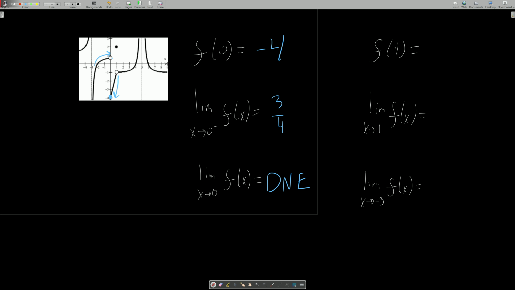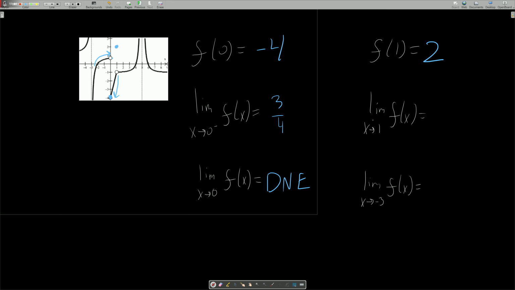Now f of 1 here. So we look for 1 on the graph. You see this right here is a hole. But there's this dot up here. This is the actual value of the function at 1. So f of 1 is 2.